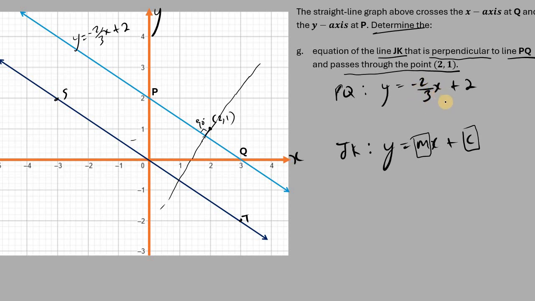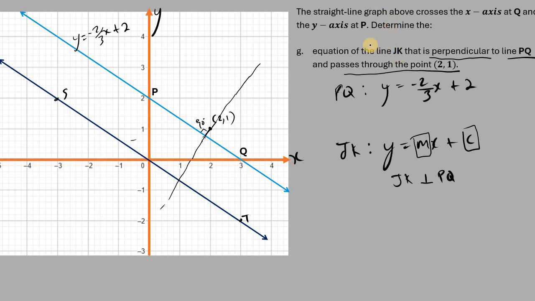Sometimes I get confused. Okay, so since JK is perpendicular, right? This is the symbol for perpendicular line. Since JK is perpendicular to PQ, I can also write it like this. Doesn't matter which one you put first. Since JK is perpendicular to PQ, what do we know about their gradients?